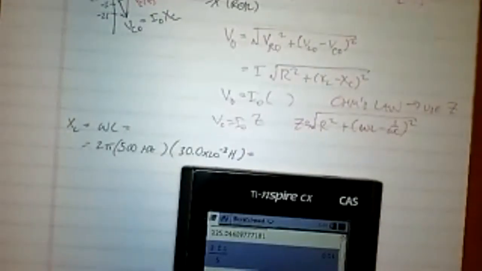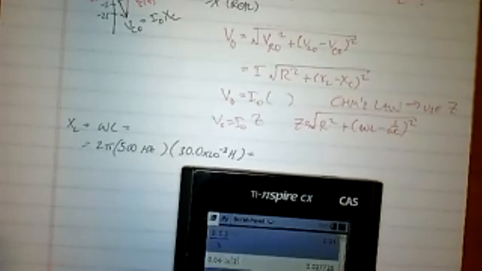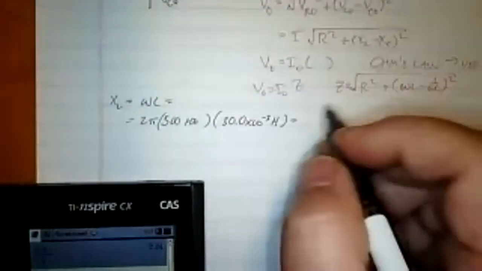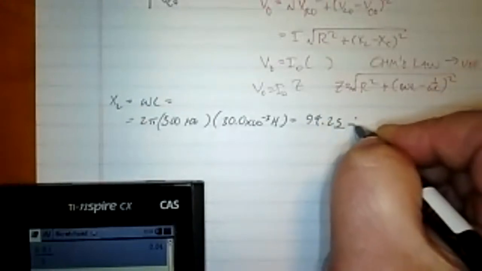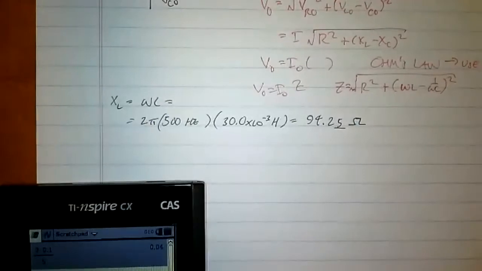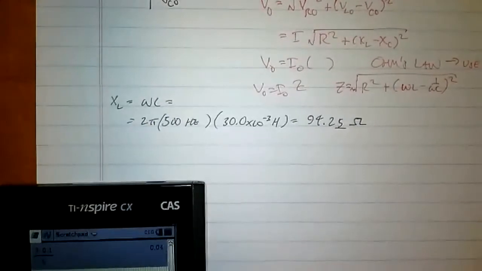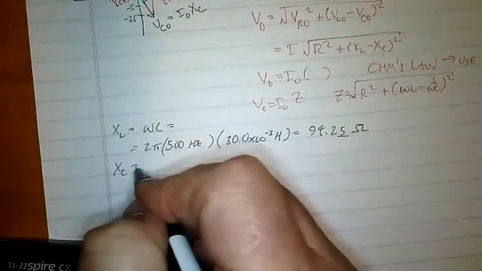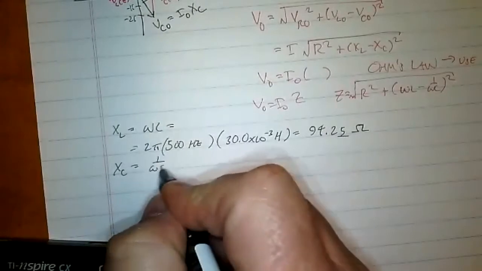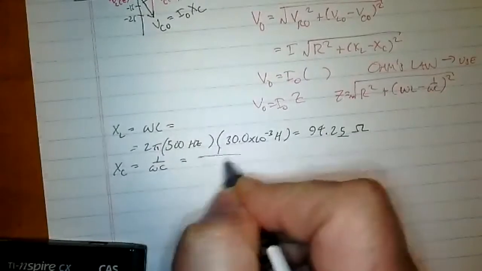So 2 times 3.14159 times 500 times 30 e to the negative 3 gives me 94.25 ohms. Okay, so that's the first part. That's the impedance of the inductor.